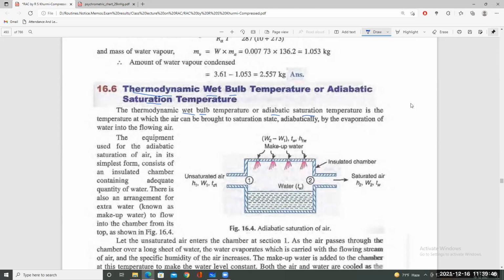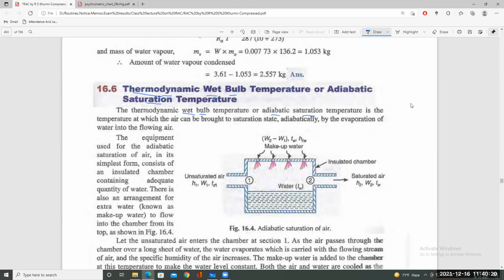Brought to saturation state adiabatically means that no other heat transfer should take place, but only the evaporation will take place, and the air will be completely saturated, up to the extent it can absorb moisture, and both should be done adiabatically. Means there should not be a heat transfer from the system or across the system. And how will we do it? By the evaporation of water in the flowing air.